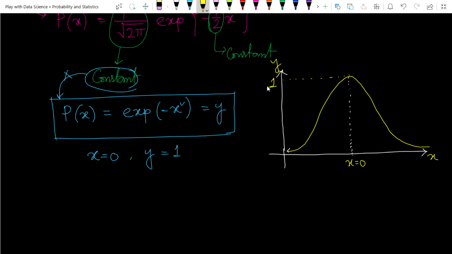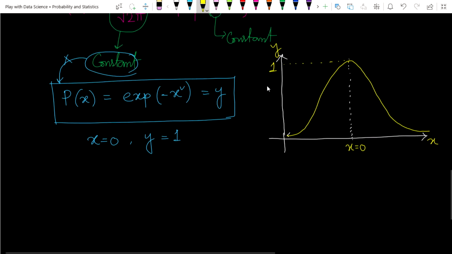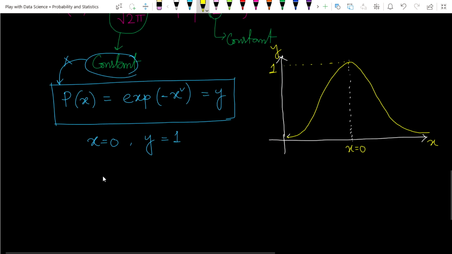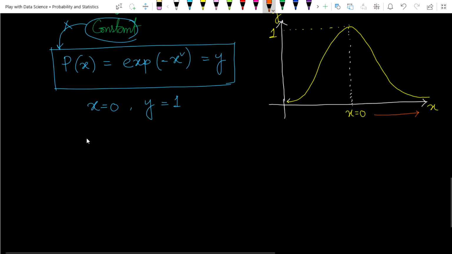Okay, now let's increase the value of x on this side. If we increase the value, then what happens? Then x square also increases.